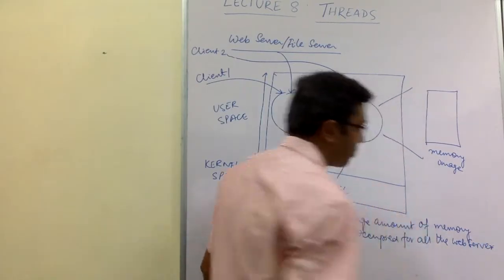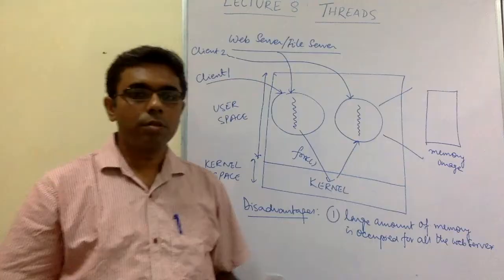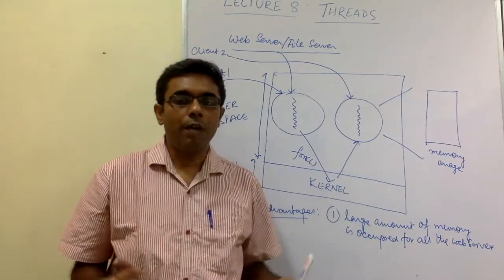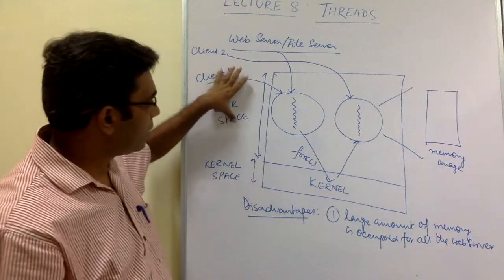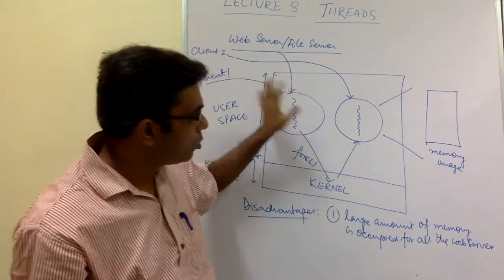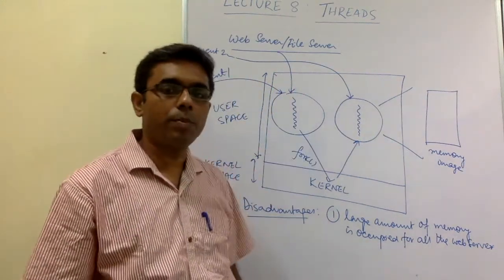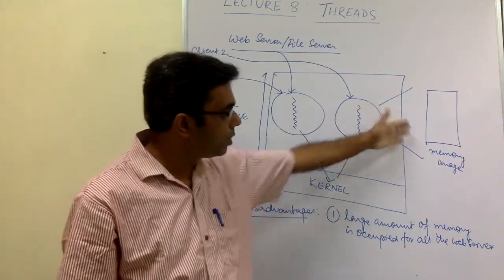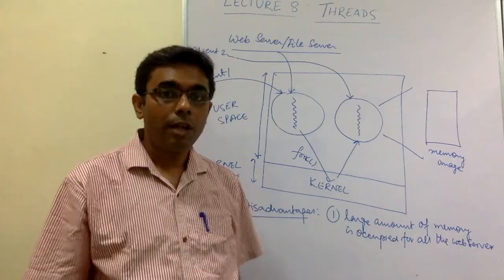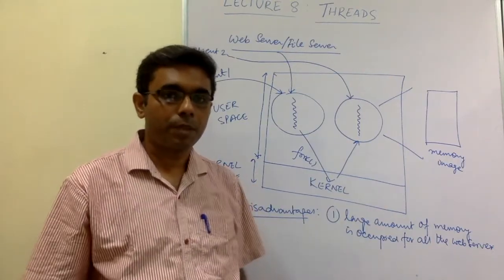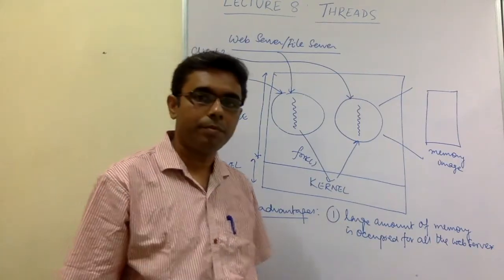For each of those copies that you create, you have a certain amount of memory that is occupied. So if there are n such clients, this solution allows you to have n such copies of the web server, and which means for each of them you will have a certain memory image, and you will have n such memory images, and that will consume a lot of memory. So that's the first problem that you will have.